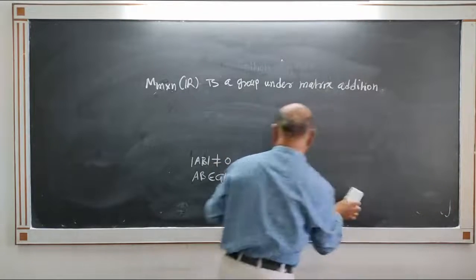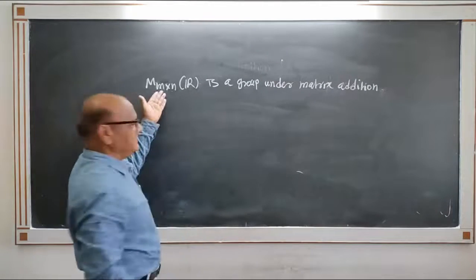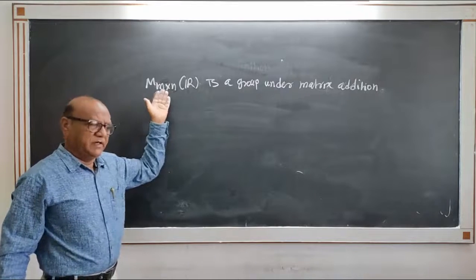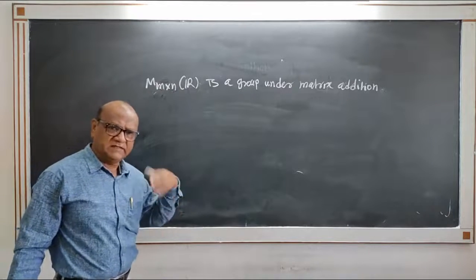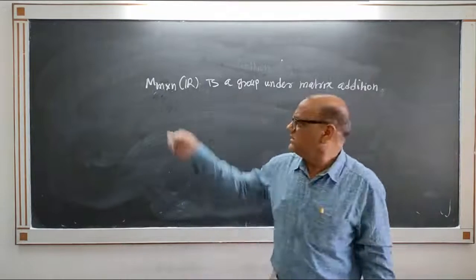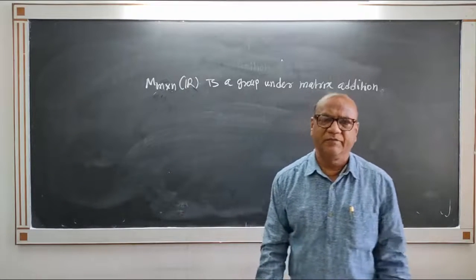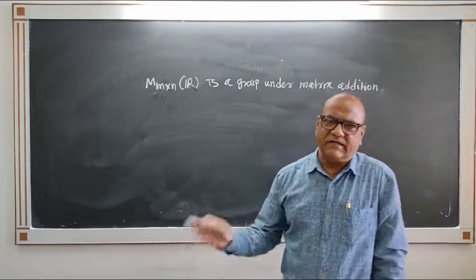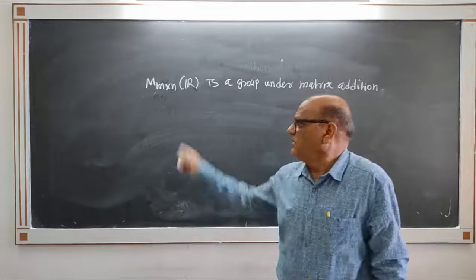If we take two matrices of order m by n, the addition of these two matrices is again of order m by n with real entries. Matrix addition is also associative.